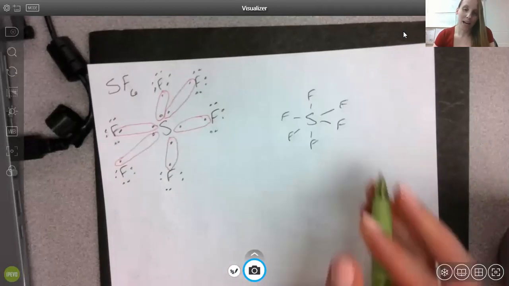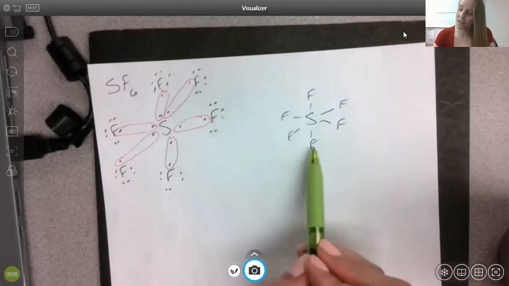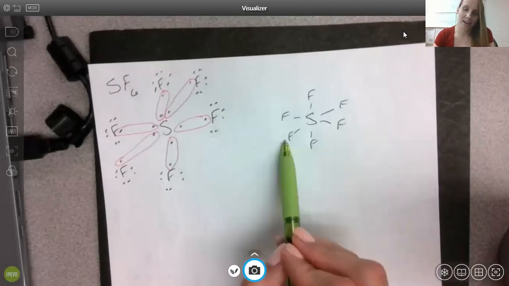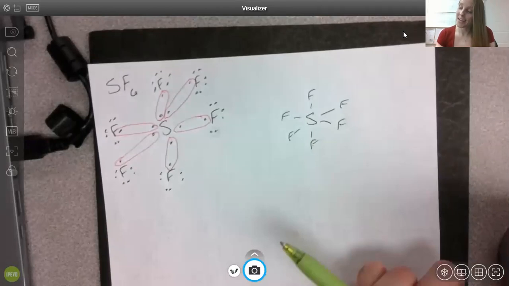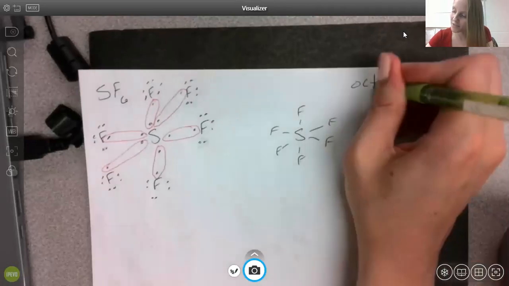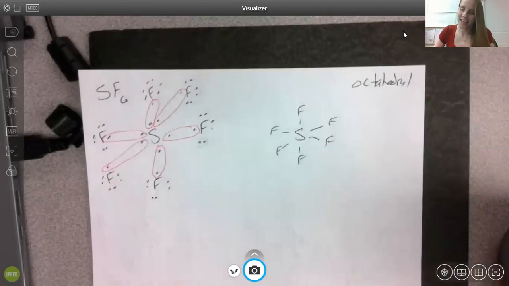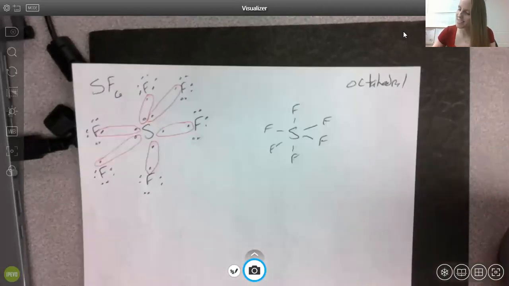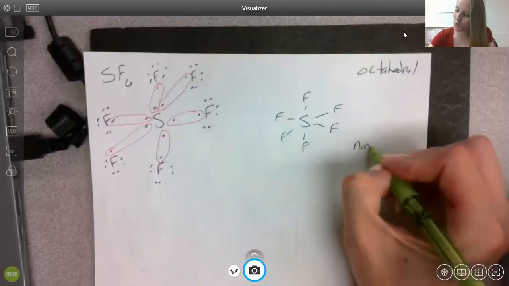Again, we don't have to draw in our unbonded electrons around the outside atoms, only if we had some on that central atom. Okay, and now in this case, first of all, this is an octahedral because my central atom is attached to 6 other things and there are no unbonded pairs of electrons. And then I also know that this is non-polar.